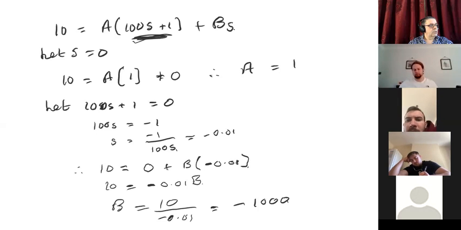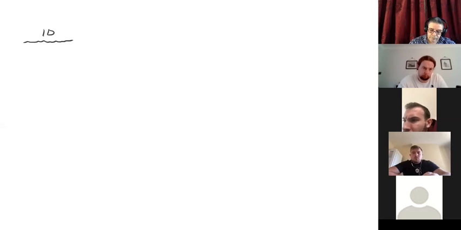Therefore, we can plug that back into our partial fractions. So we can plug the A and B values in now. So we can say that 10 over s, running out of time, should just get this done, I think.